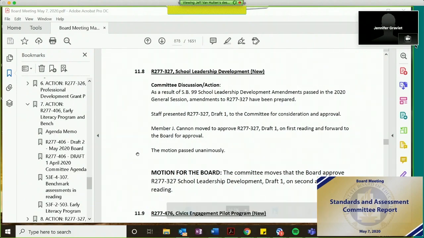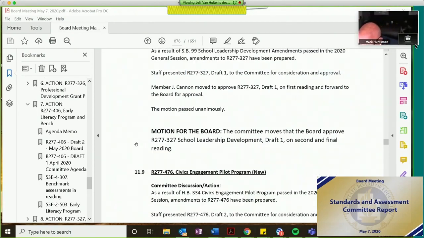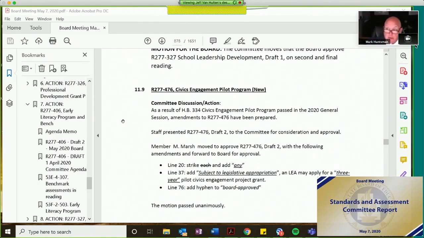Member Lear, Aye. Member Marsh, Aye. Member Newell, Yes. Thorpe, Aye. And Mark Huntsman's an aye. Voting is unanimous. Please continue.